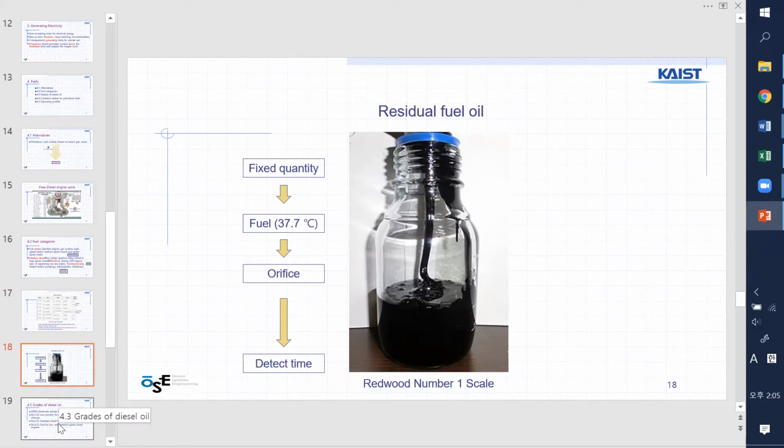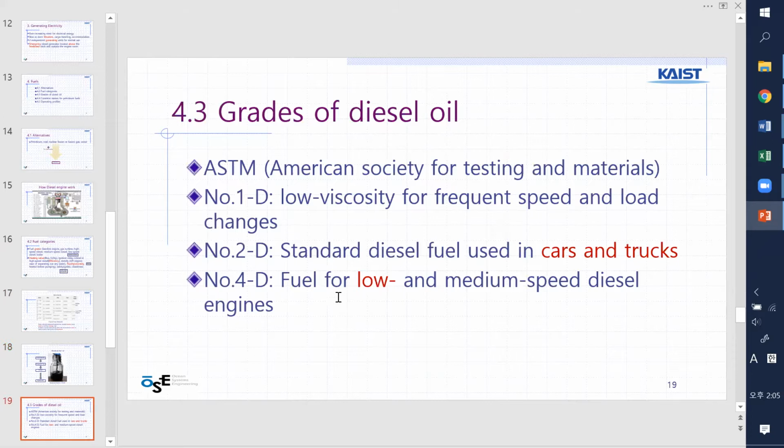That's why it is very cheap and economical. And there are several standards which classify grades of diesel oils. So the American Society for Testing and Materials: number 1 diesel, number 2 diesel, number 4 diesel. Number 2 is for cars and trucks, and number 4 is for low speed diesel engines.